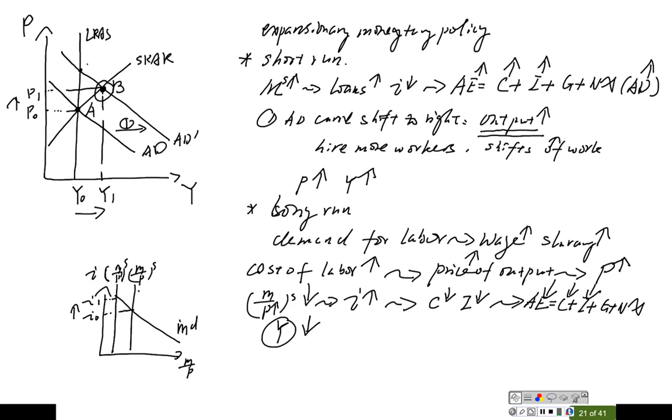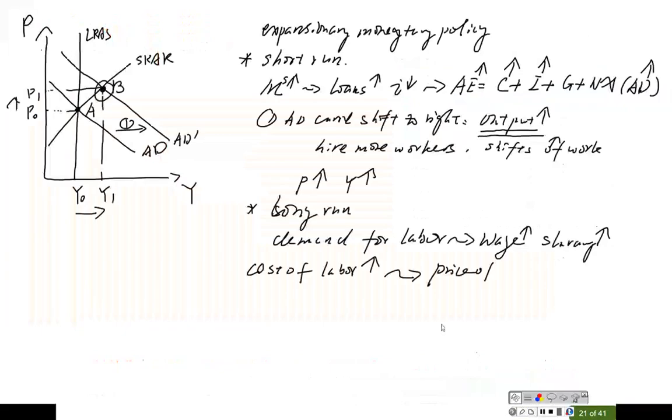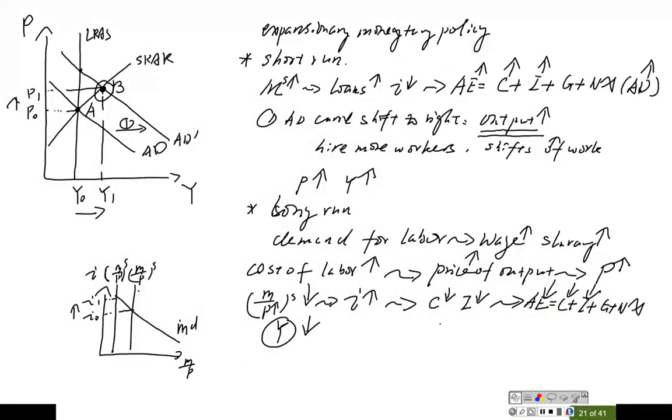Or we can imagine that because the cost of labor or input increased, the short-run aggregate supply shifts. The short-run aggregate supply will go down, shifting to the left.